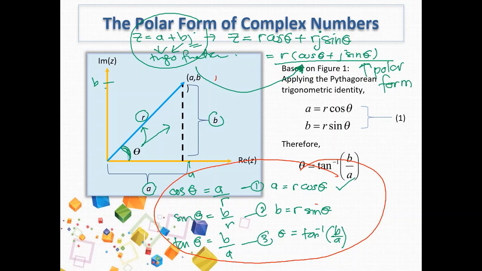If you can understand this figure, you don't even have to remember the formula. You can generate it at any time. You can derive this at any time you want. You don't have to remember, you just need to understand the concept, and yeah, you are free to go.